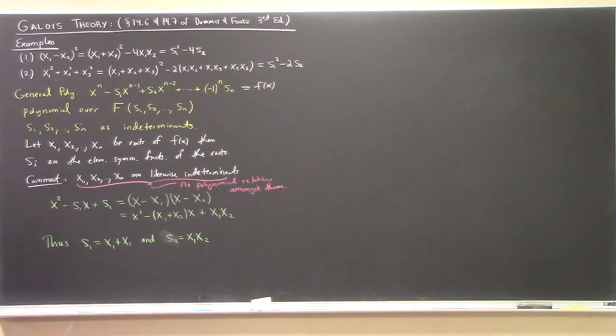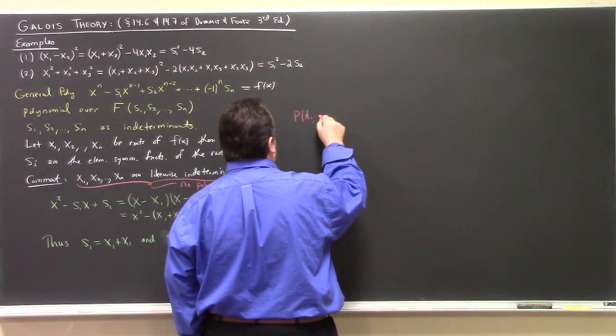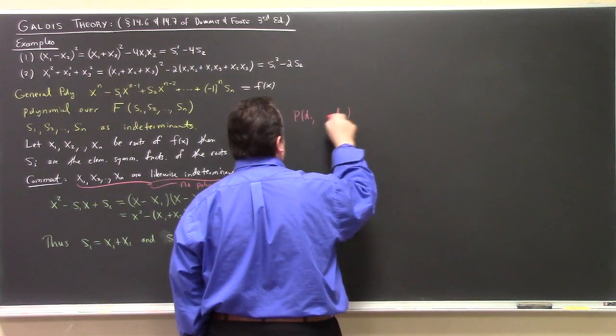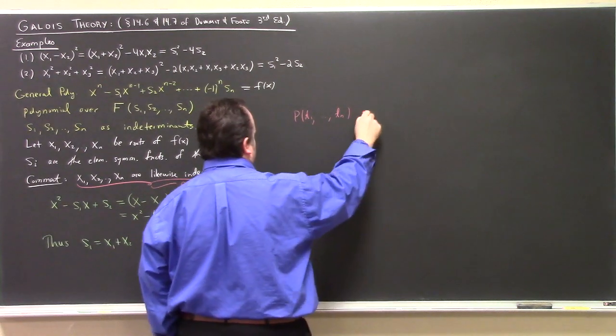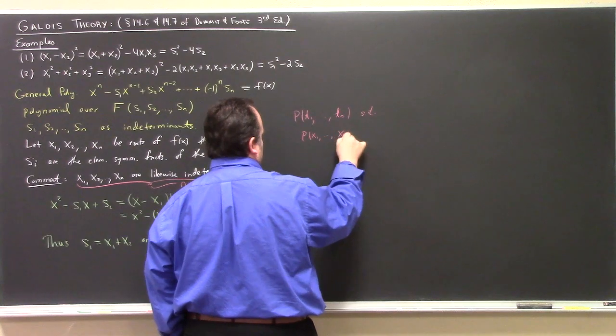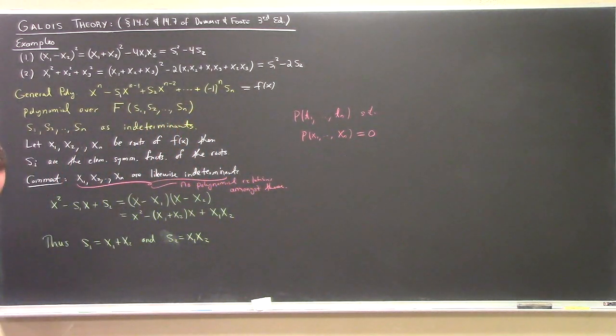He says, suppose p(t1, through tn) is a non-zero polynomial in the n variables such that p(x1, through xn) equals 0, and it's a non-zero polynomial.